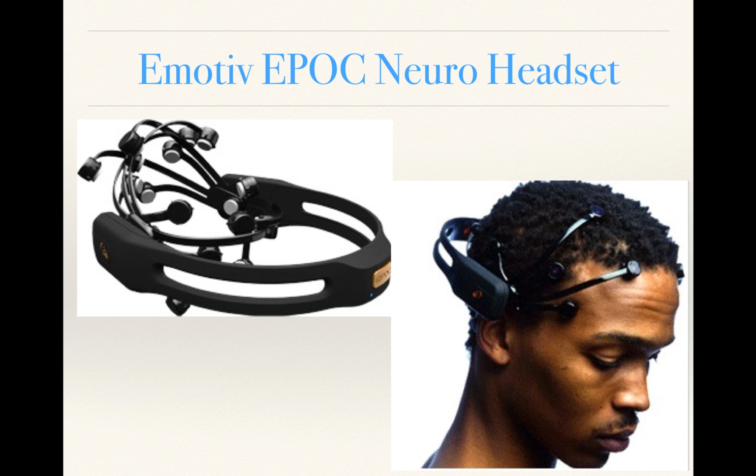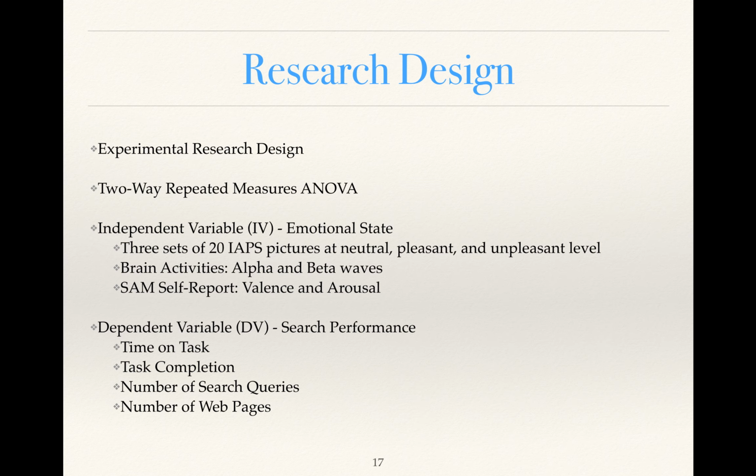It's a non-invasive device, and that's one of the main reasons I'm using it, so you don't have to stick anything into anybody's head. It's very non-invasive, and it also turns out to collect really good data. Of course, there's always noise in the data, but there are ways to get around that a little bit.